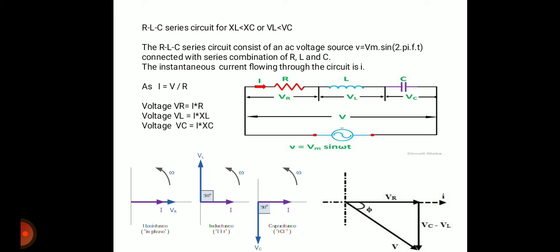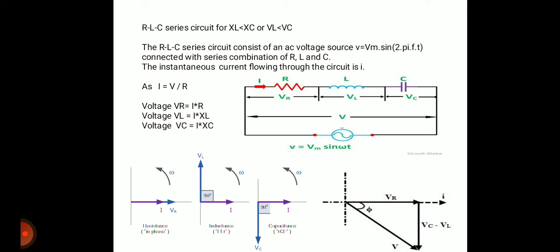Let us understand the second phasor diagram, which is for the inductor. You can see that current I is drawn on the reference axis because the current flowing through the resistor, inductor and capacitor is common. That's why the current phasor is drawn on the reference axis for all the phasor diagrams.